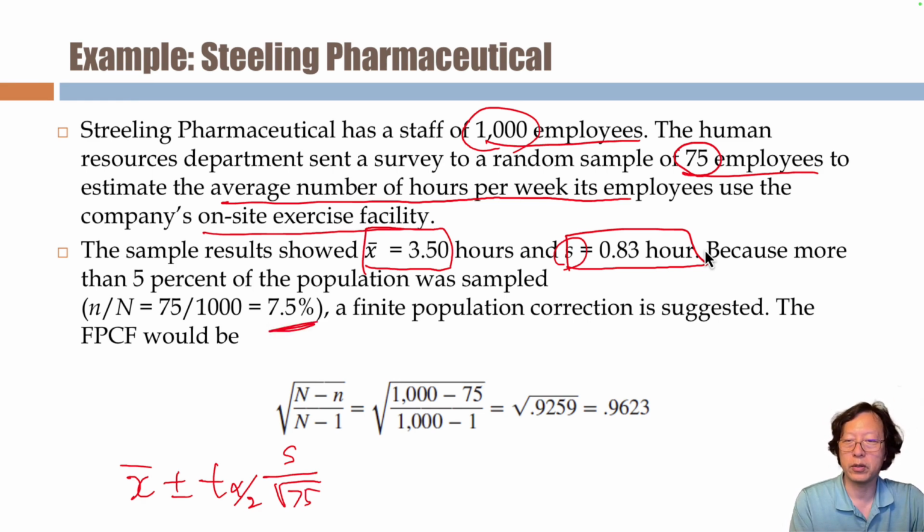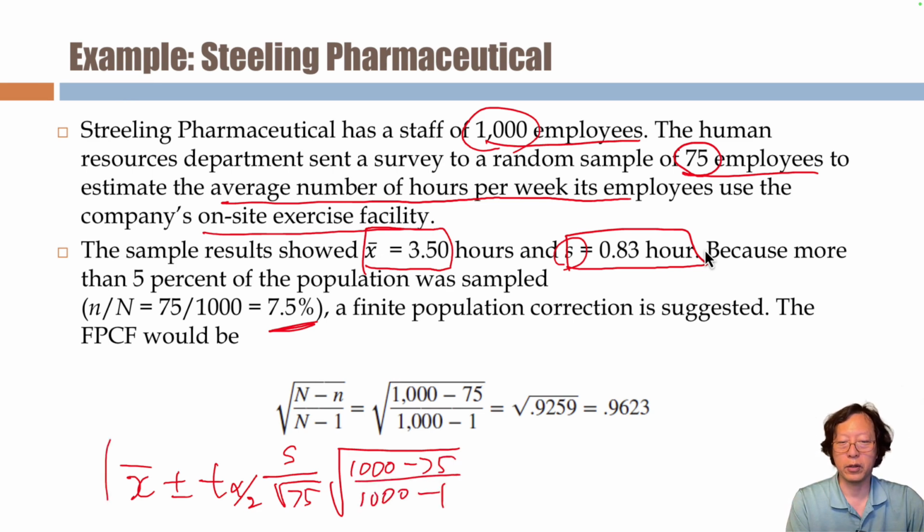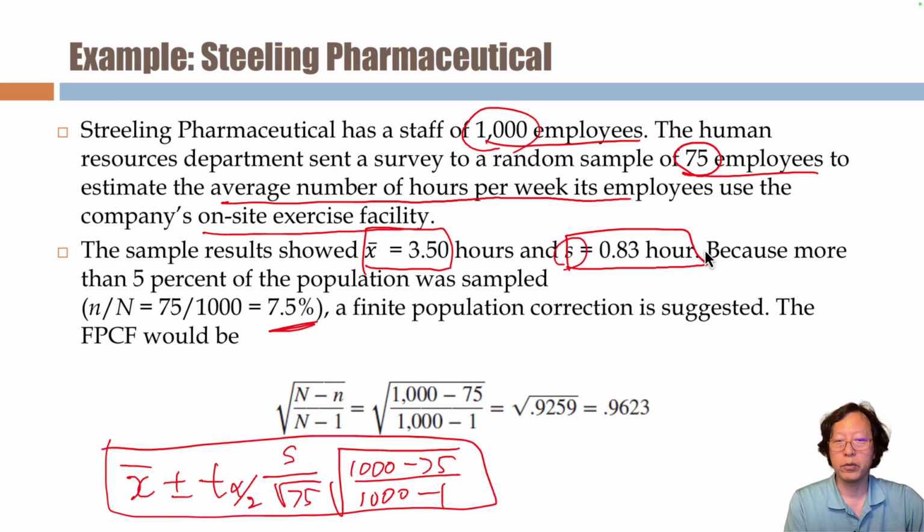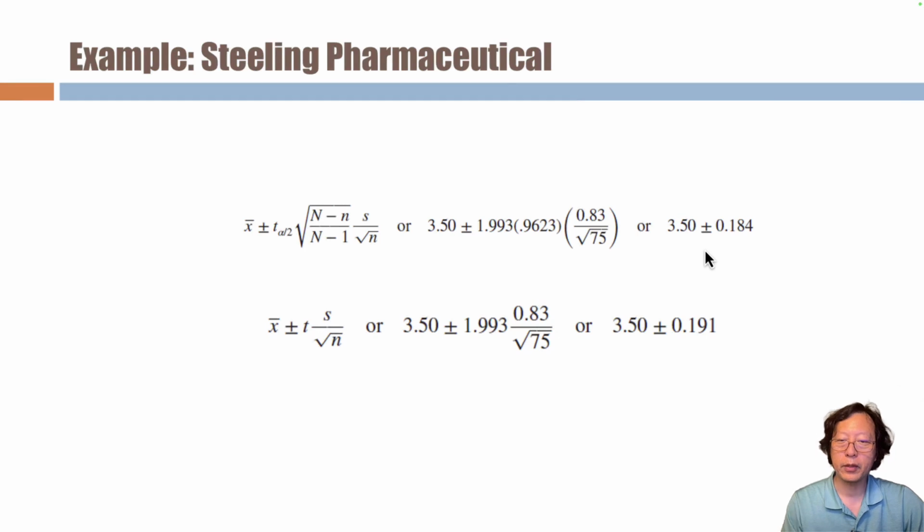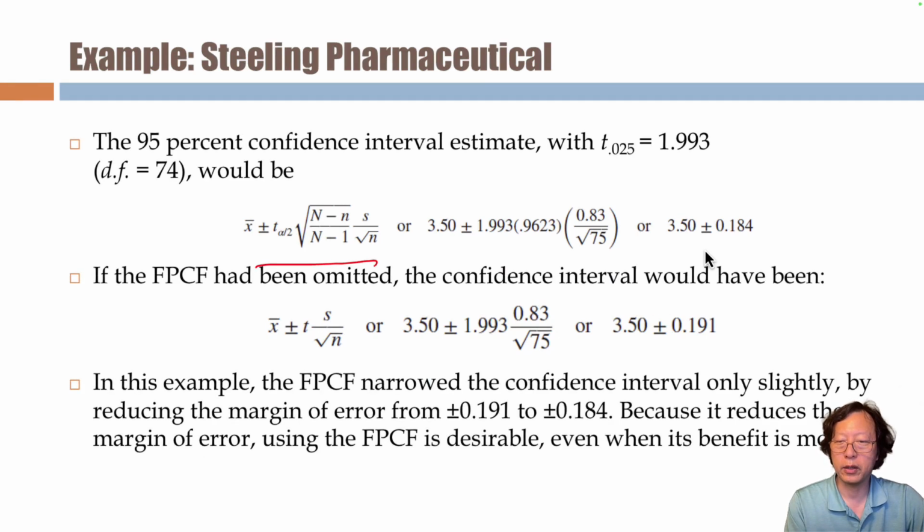So you have to consider this effect, which is the finite population correction factor, 1000 minus 75 over 1000 minus 1. Then you can create the confidence interval of the average number of hours per week the employees use the on-site exercise facility. So you just calculate this way, and then you can find the confidence interval.